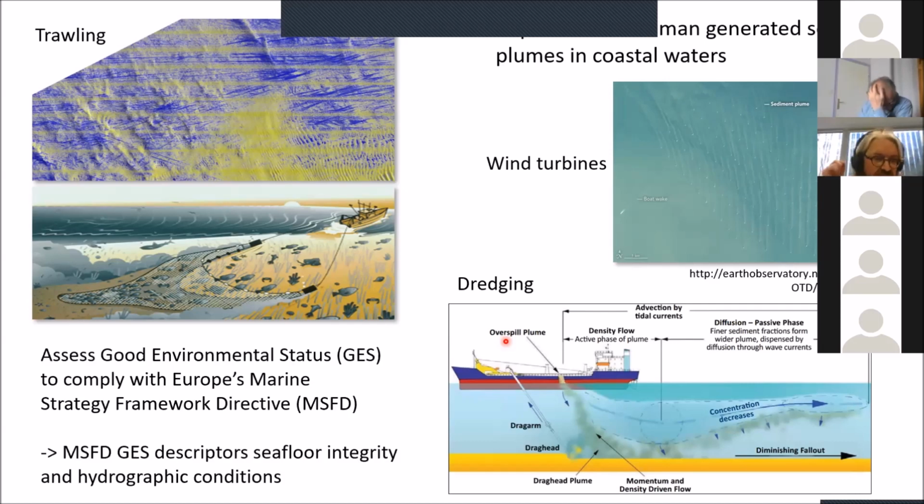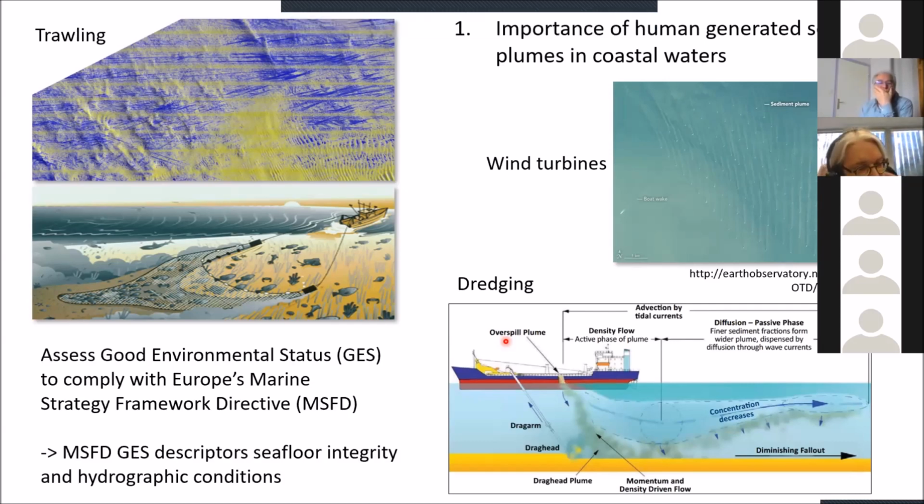All these sediment plumes have an impact on their environment, and so are important to assess a good environmental status. We need a good knowledge of them to comply with Europe's Marine Strategy Framework Directive. So it's important to know as much as possible about them.